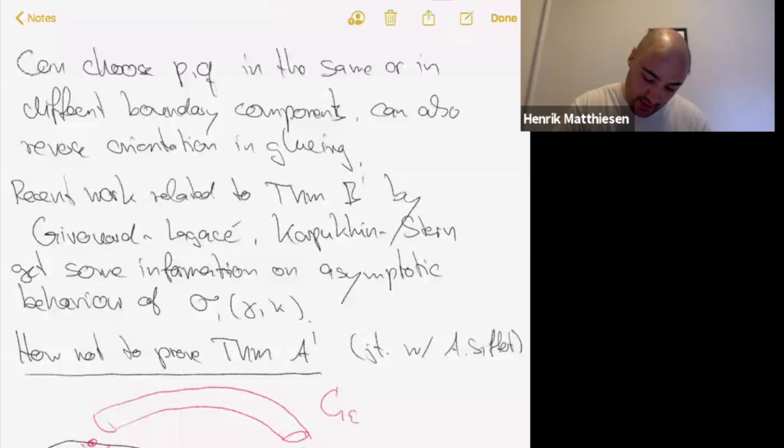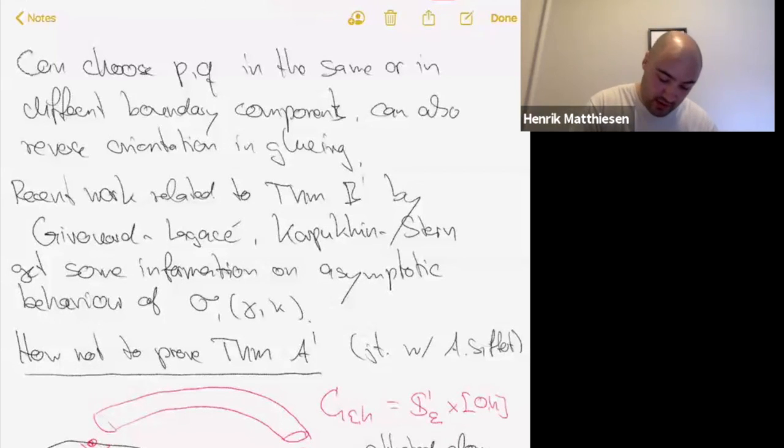That is C epsilon 8, which is a sphere of radius epsilon times an interval 0, 8, with the flat product metric. You attach along the boundaries of these balls. Let's call the surface that we get sigma epsilon 8.